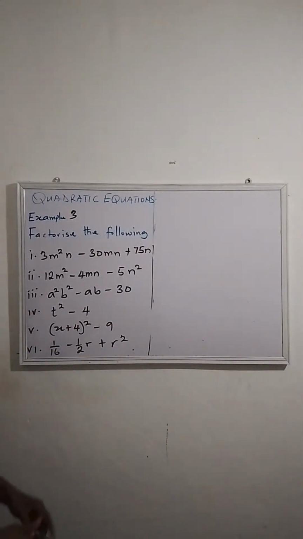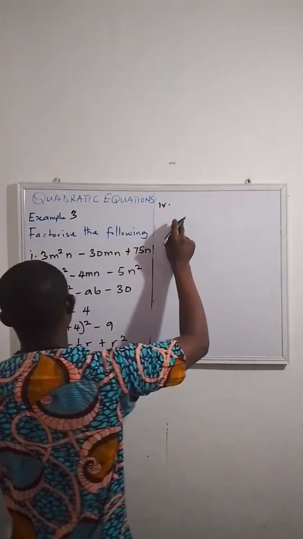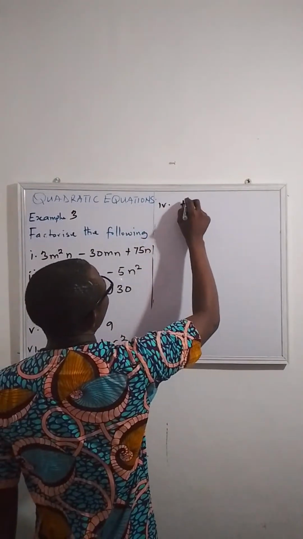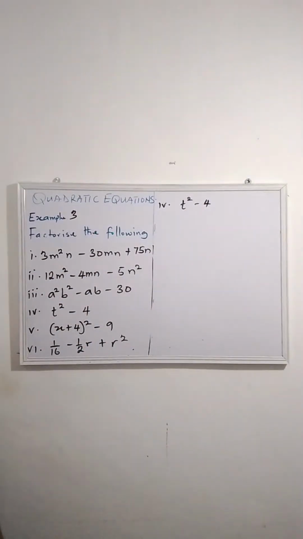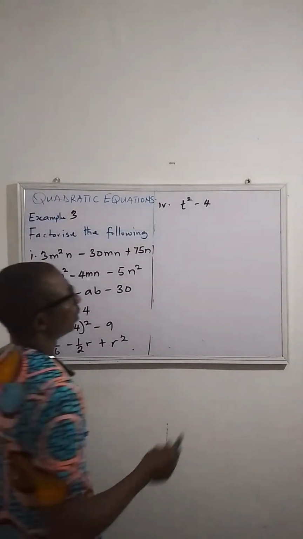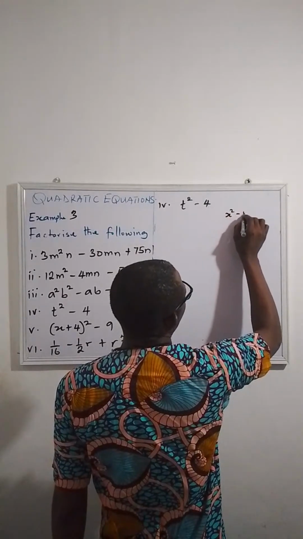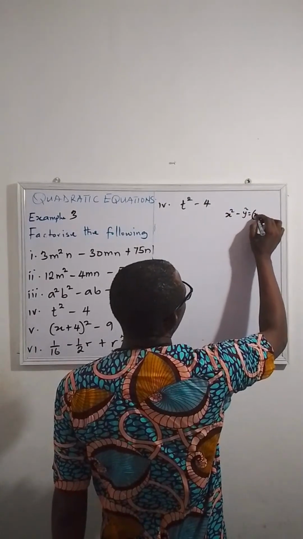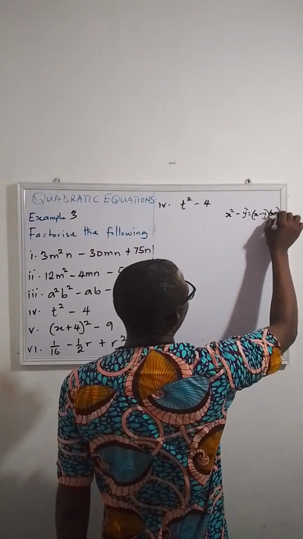Okay. So now question 4. We have t squared minus 4. Now to factorize this, I'm going to be making use of the principle of difference of two squares. Now, if you have x squared minus y squared, the answer is x minus y, x plus y.